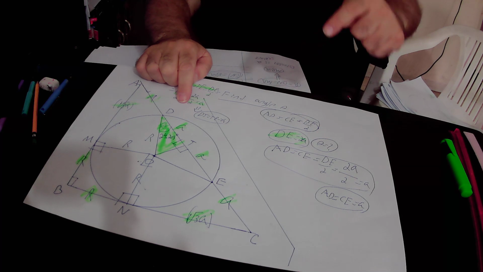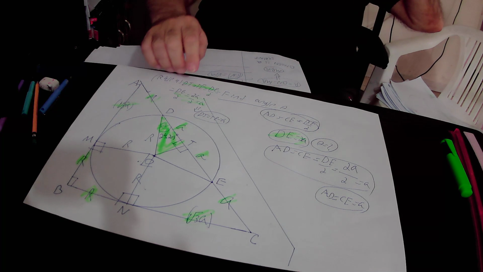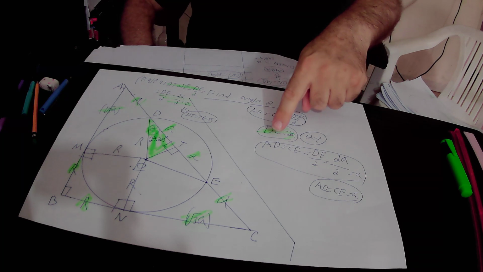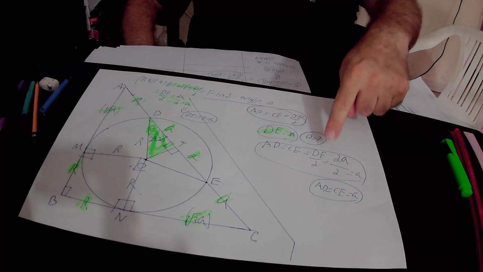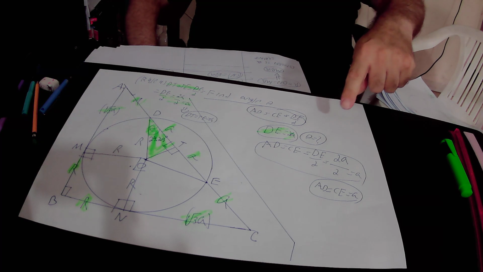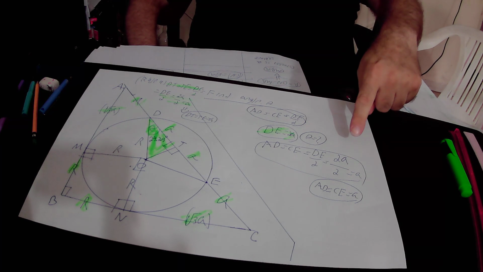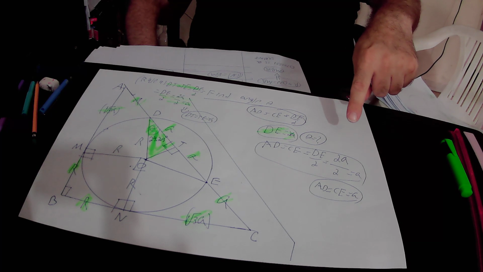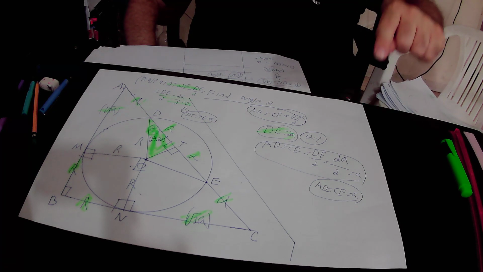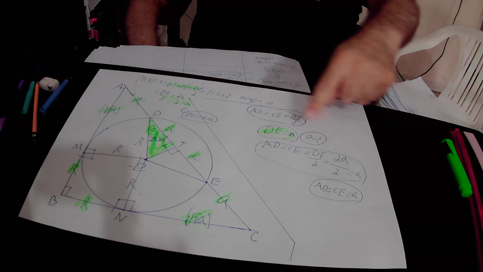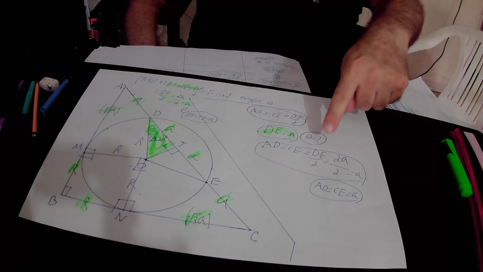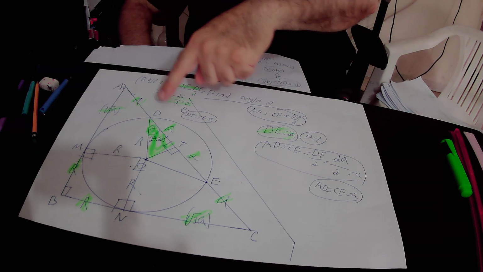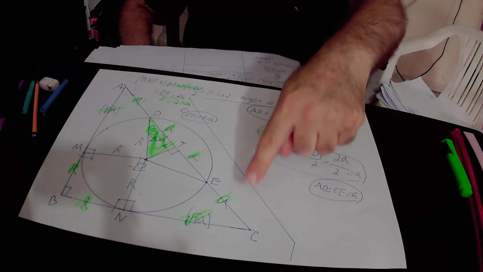So DE equals 2A. Substituting DE by 2A, 2A over 2 is A. So we can derive that AD equals CE equals A.